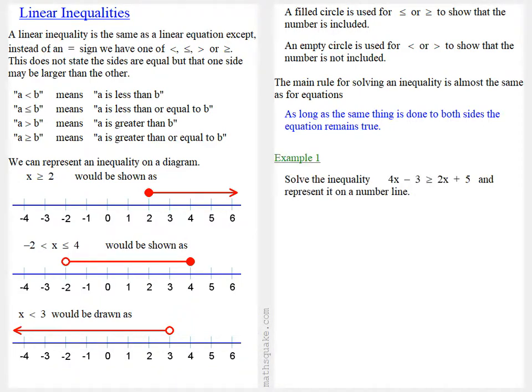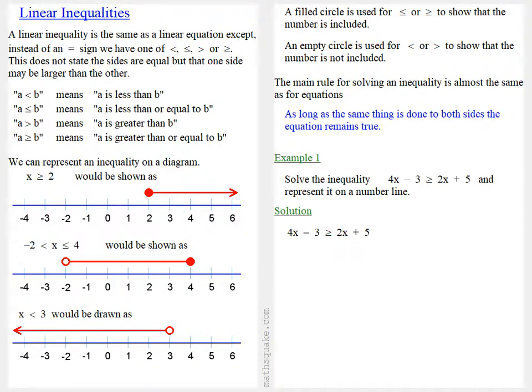Solve the inequality 4x minus 3 is greater than or equal to 2x plus 5 and represent it on a number line. Well, to solve this we start with the inequality 4x minus 3 is greater than or equal to 2x plus 5.